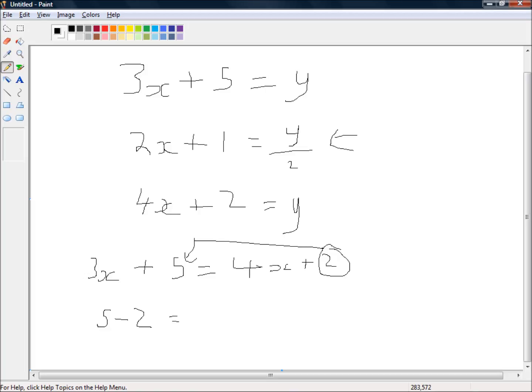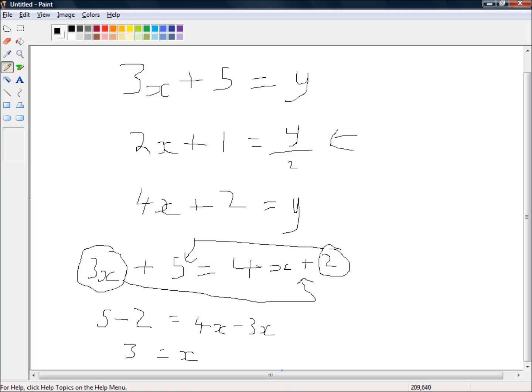And that's equal to, and now this 3x has to go over the equal sign. And again it changes sign. So we've got our 4x, and this time the 3x becomes minus 3x. So 5 minus 2 equals 3, and that's equal to 4x minus 3x, which is just x.